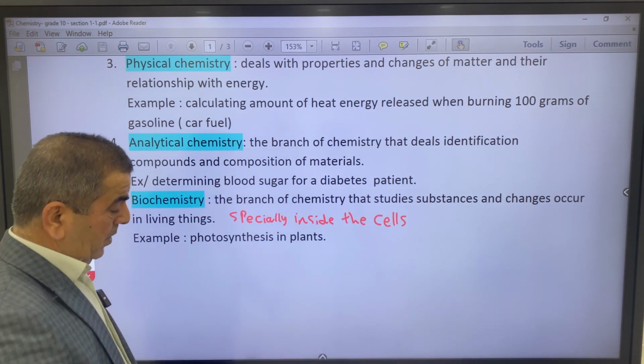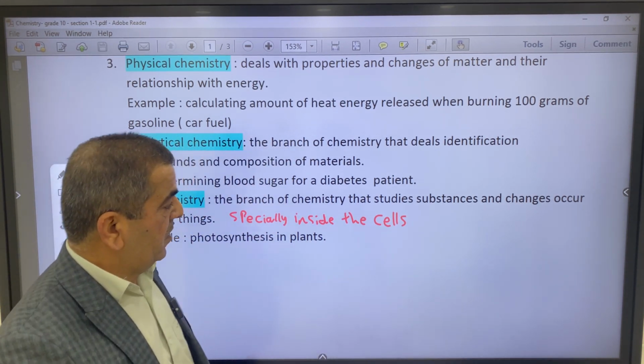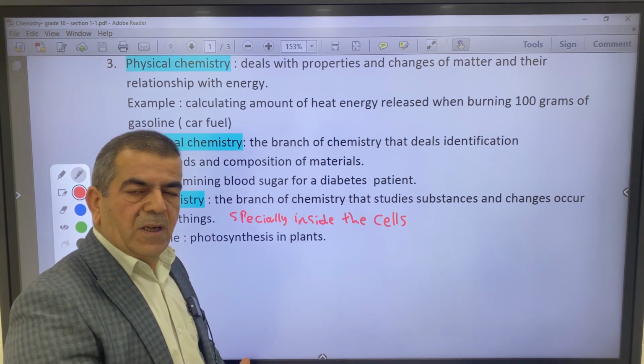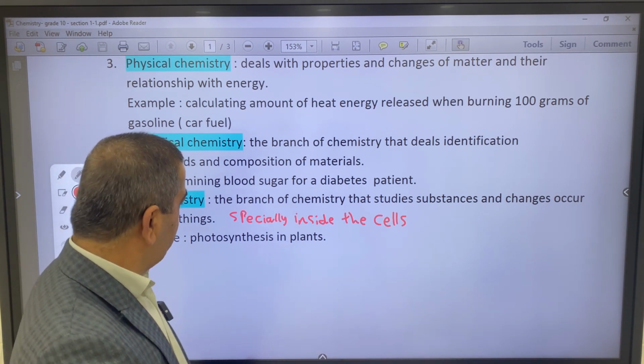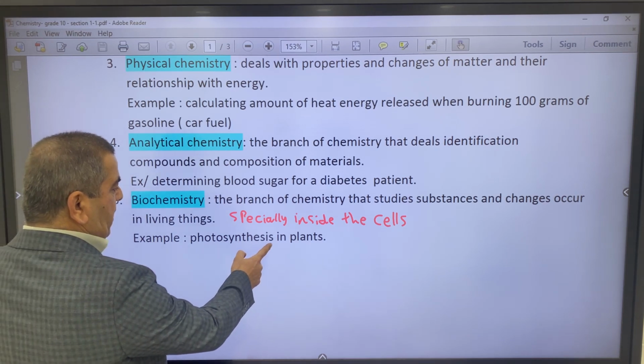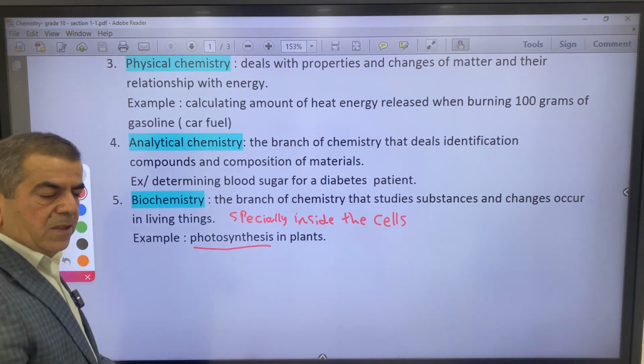We know that many chemical changes happen inside the cells. For example, cellular respiration. And in plants, there's photosynthesis. We all know what photosynthesis is.